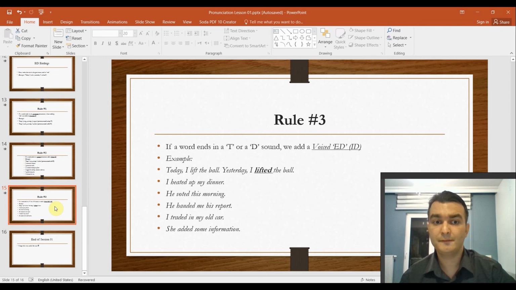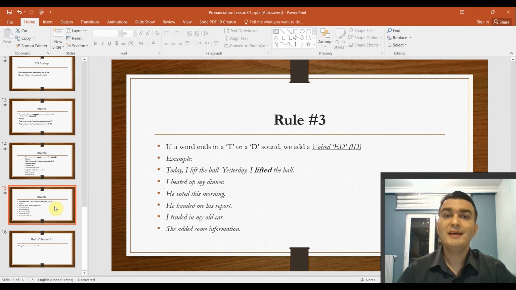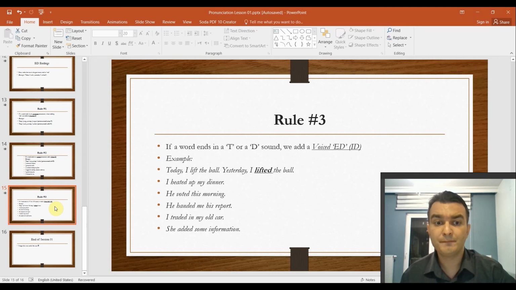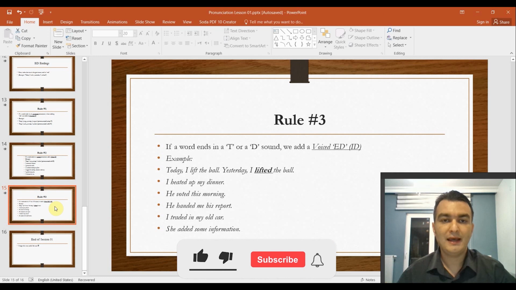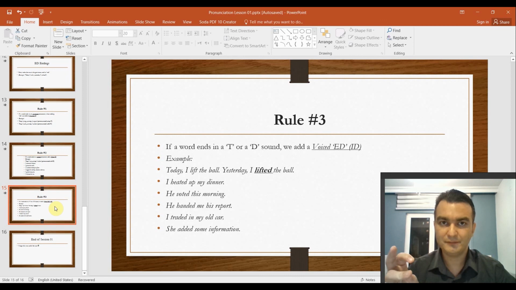Lifted. Heat, heated. Vote, voted. Hand, handed. Trade, traded. Add, added. You see, if a word ends in t or d, you have to add id.